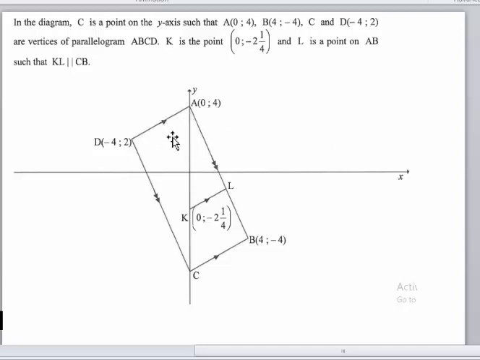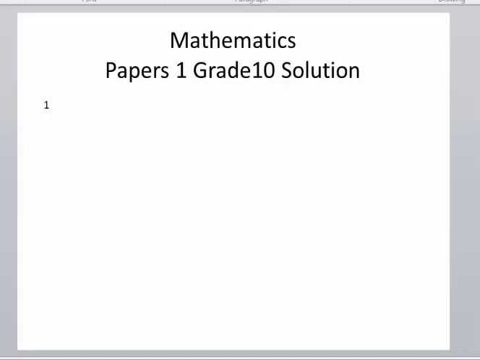To answer the question, we are going to start off by recognizing that we will have to know the formulas.